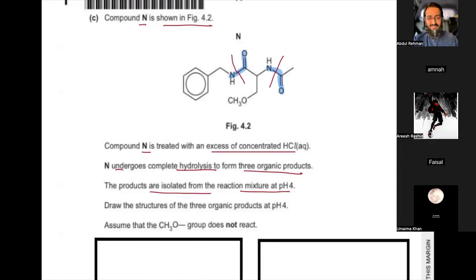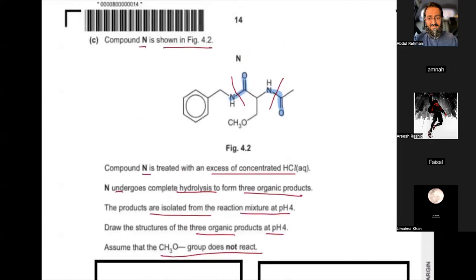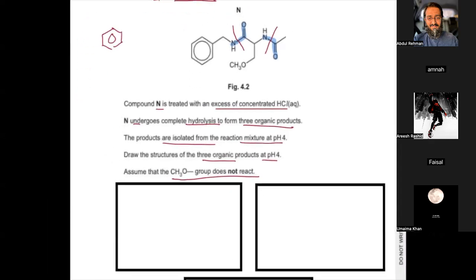Okay. Draw the structure of the three organic products at pH 4. Assume CH3O group does not react. So see, we will get, okay, if I draw directly over here, on breaking, I'm just making the fragments right now. One fragment is this one.